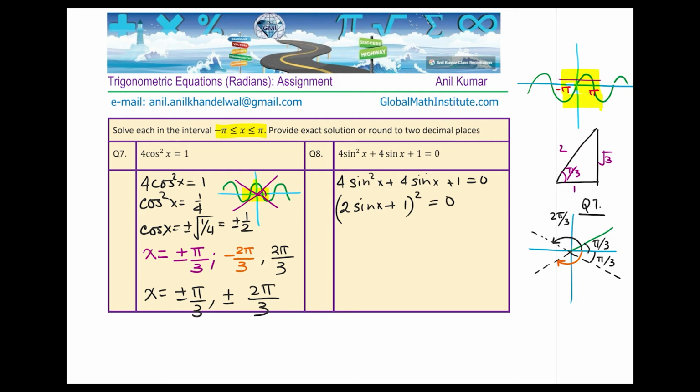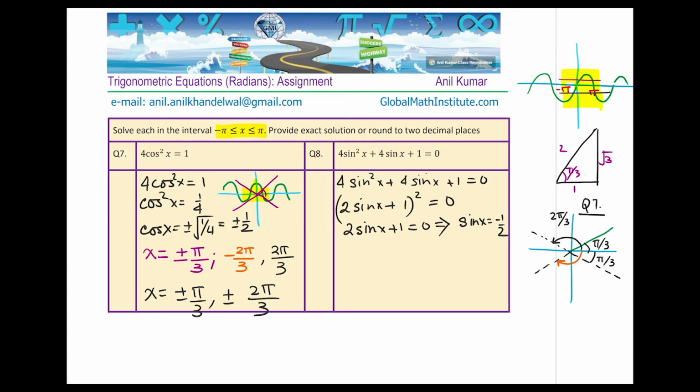And clearly, the factor 2 sine x plus 1 should be equal to 0. That basically means that sine x equals to minus half. Now when I say sine x is minus half, so in this diagram, minus half will be kind of like this, right?